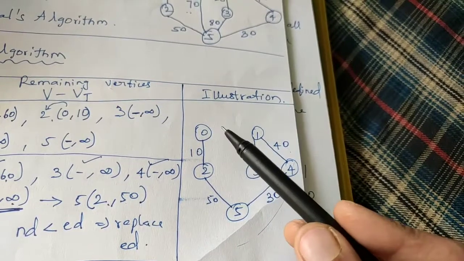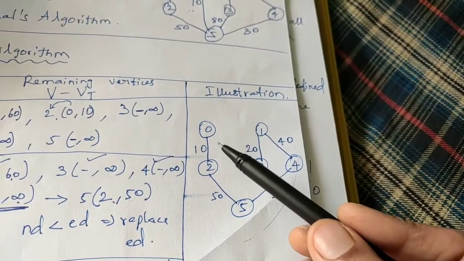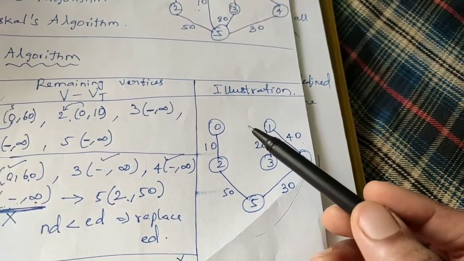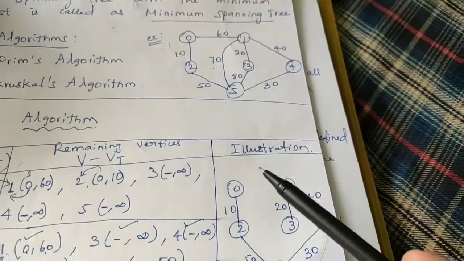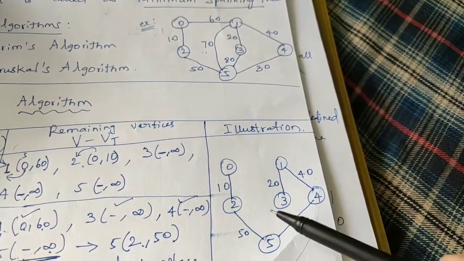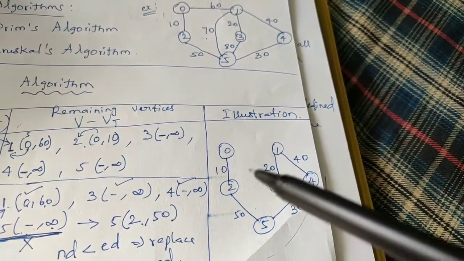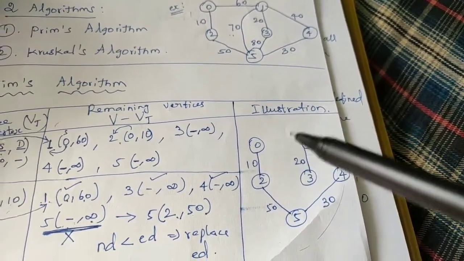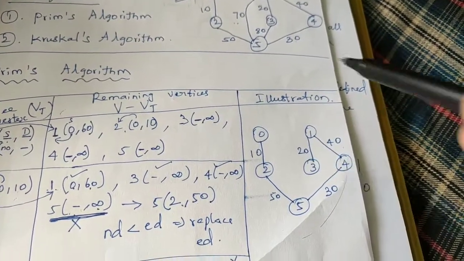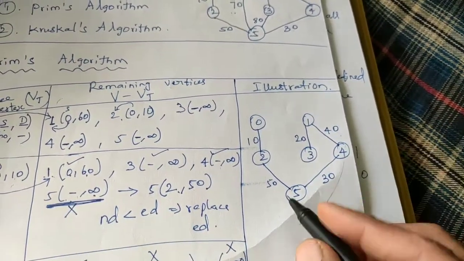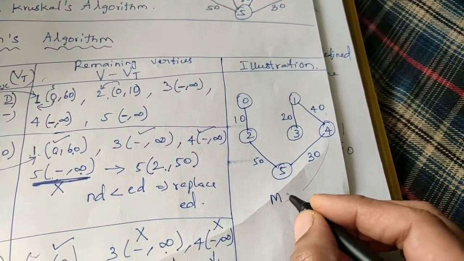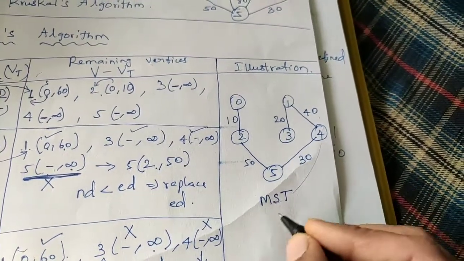You see that spanning tree, as per the spanning tree definition, all the vertices of a graph are connected without forming a cycle, and by selecting always the vertex with the minimum distance, I got this tree. So I will be considering this as the minimum spanning tree.